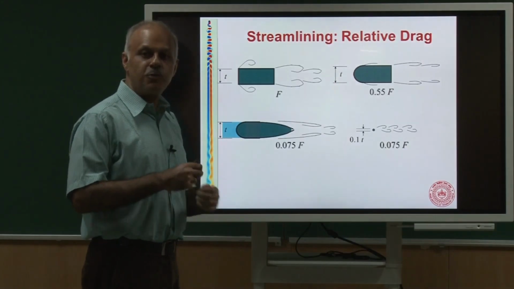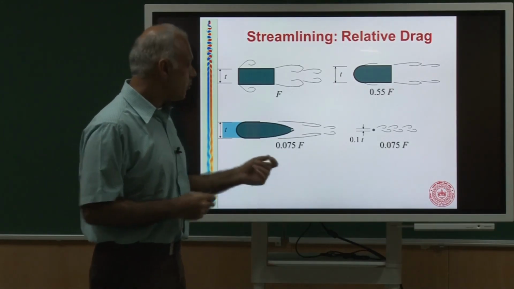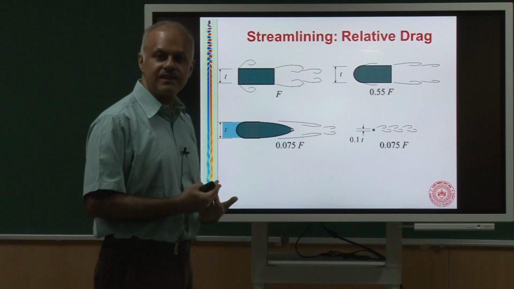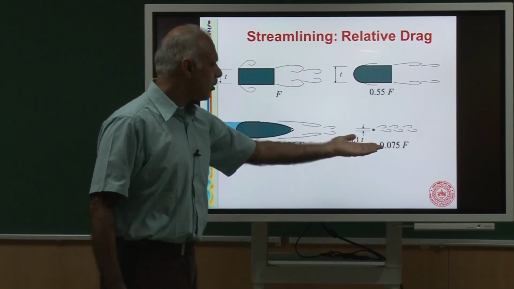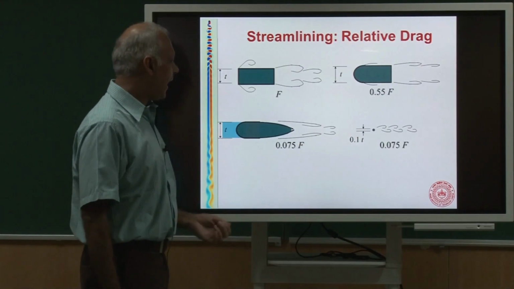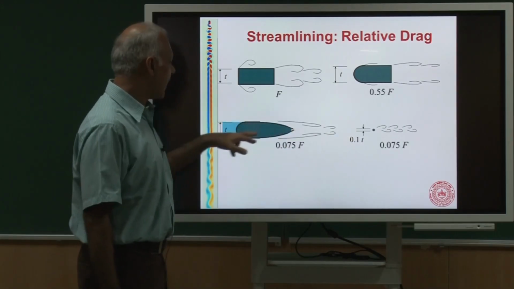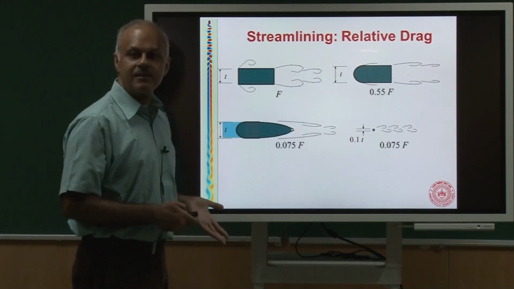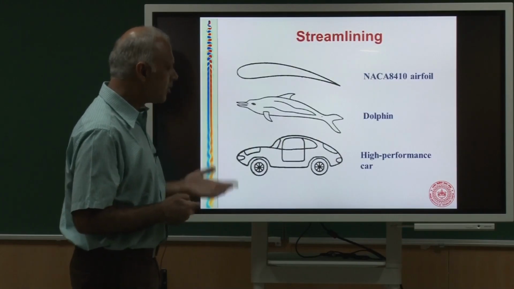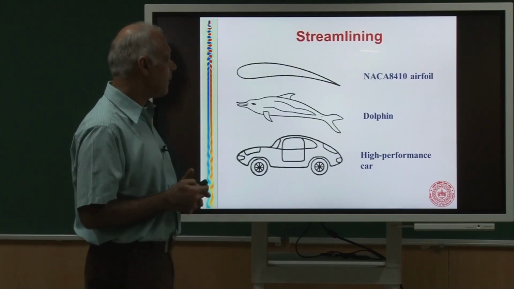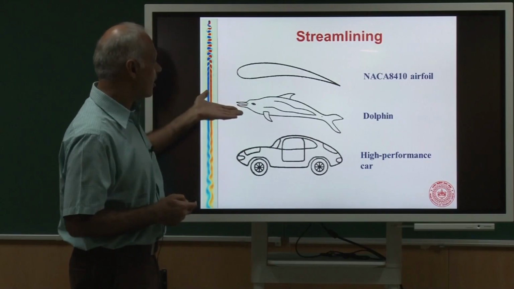So if I look at the spoke of a cycle, the spoke of a cycle has a circular cross section. It generates enormous amount of drag, and it has the same drag as compared to this very large streamlined body. We will talk more about this, but just to give you an example, nature sees a lot of streamlines.